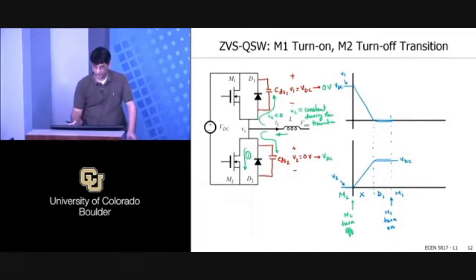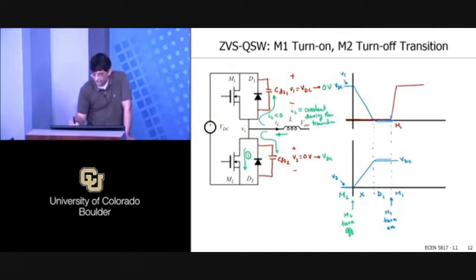So if I wanted to plot the current through M1, the current in M1 will pick up here. So no current, and then I'm turning M1 on here, so M1 current rises up and goes to IL, right? To be proper, this is little IL, okay?